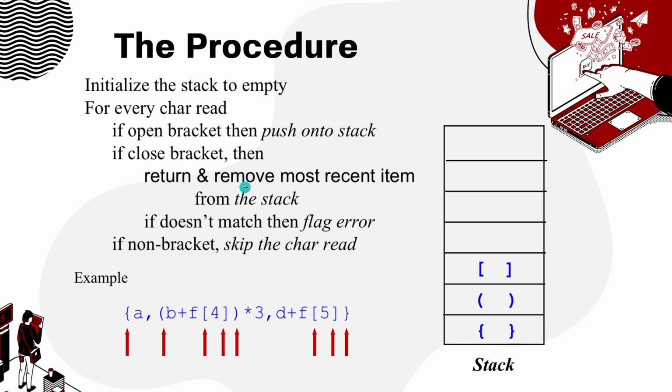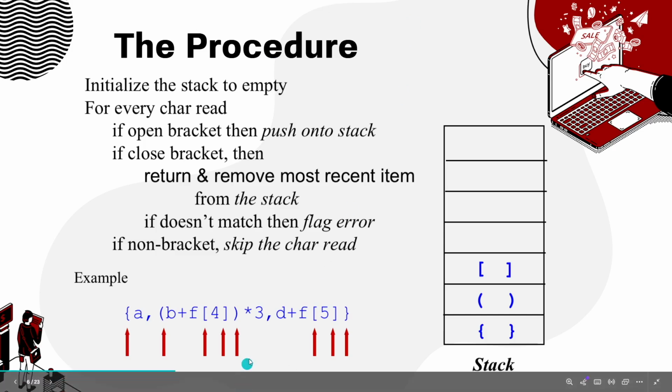If they both match, then we can successfully proceed with evaluating the next symbols from the input. If not, then we have to report an error, and if what we have read is a non bracket symbol, then we can very well skip the character being read from the input expression.